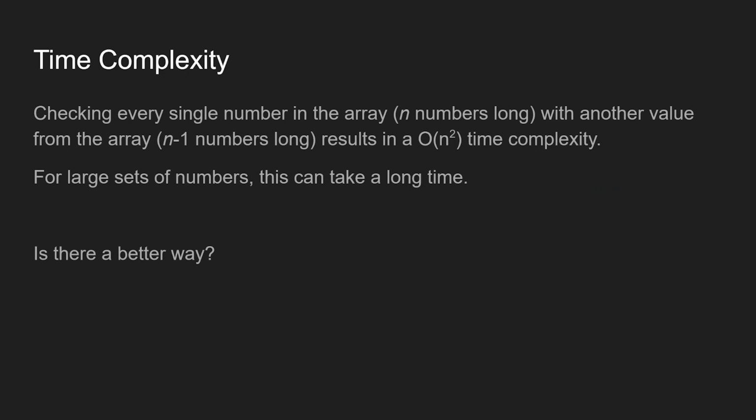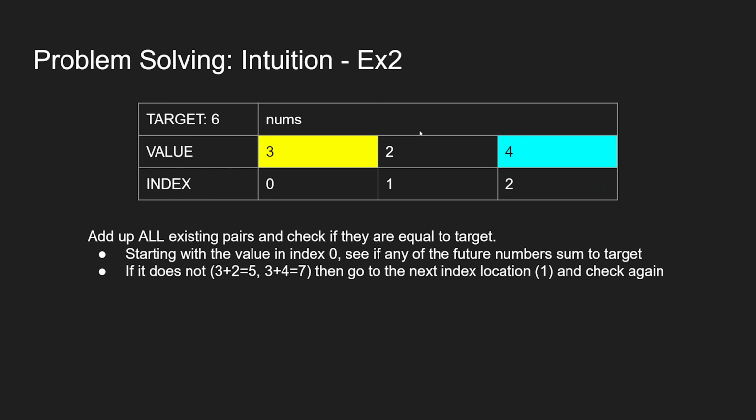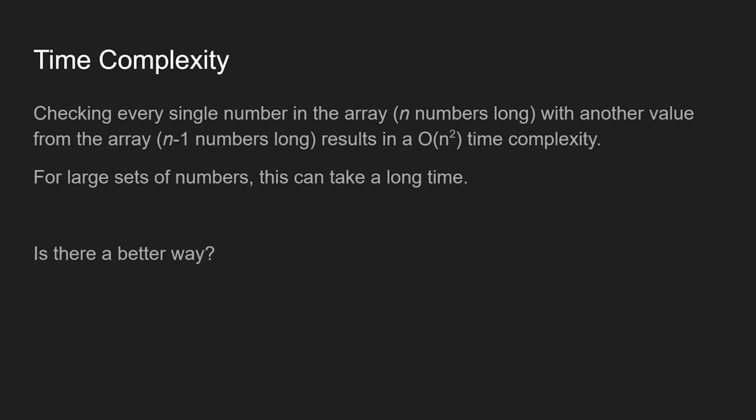Now, when checking every single number in the array with another value from the array, this array doesn't have to be 3 or even 4 numbers long, right? It can be any number long. Like you could have an array with 1,000,000 numbers.